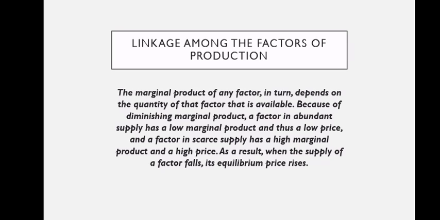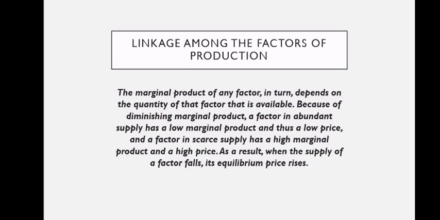When the supply of any factor changes, however, the effects are not limited to the market for that factor. In most situations, factors of production are used together in a way that makes the productivity of each factor depend on the quantities of the other factors available for use in the production process.